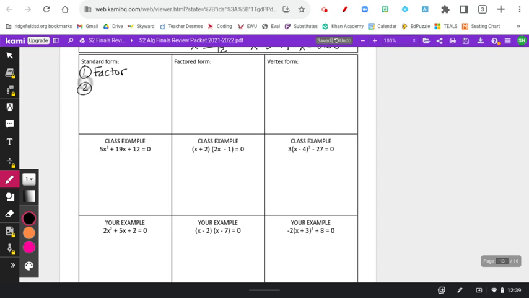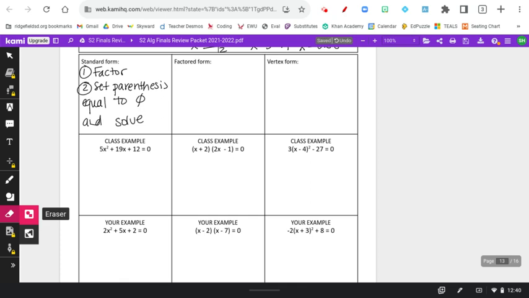Step 2, after we factor, we will set the parentheses equal to 0 and solve. So for this class example, I'm going to try and do my 2 parentheses.